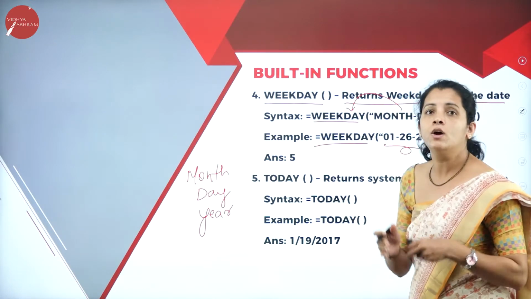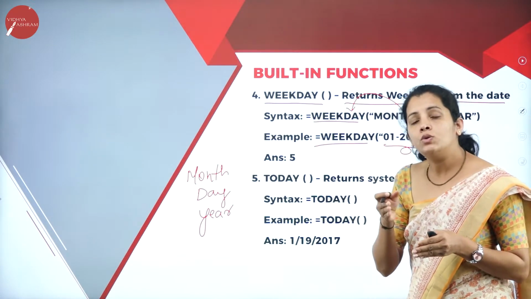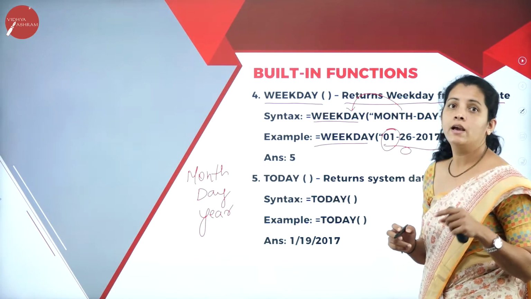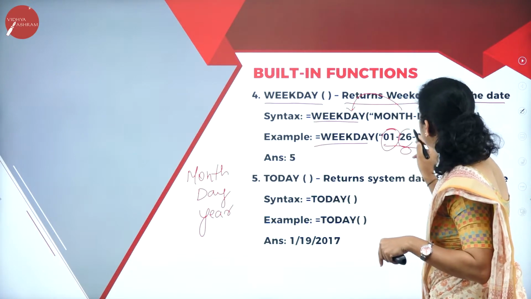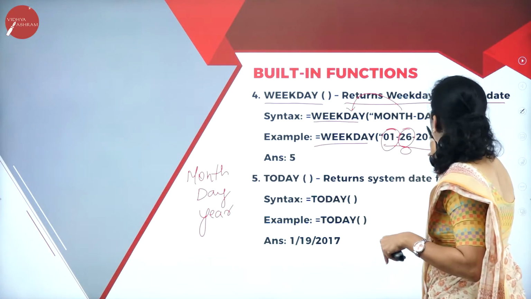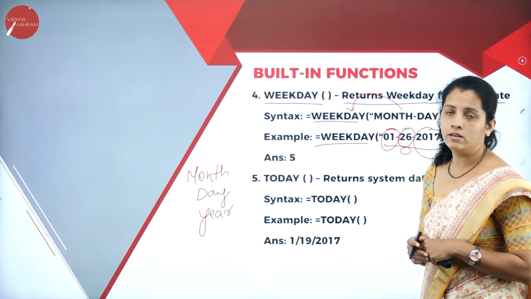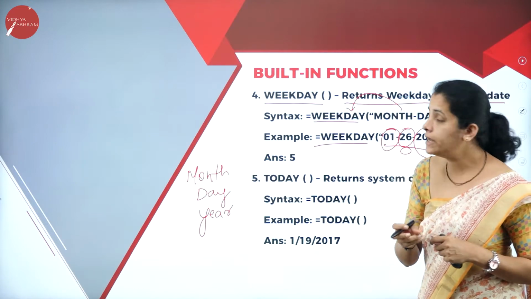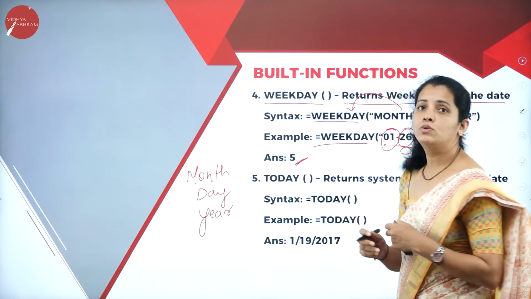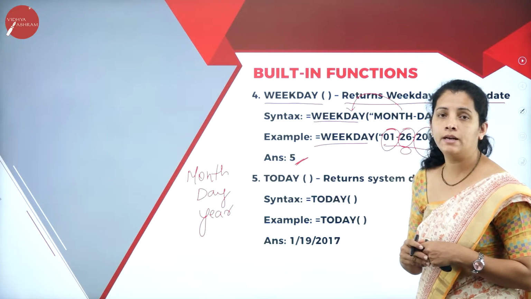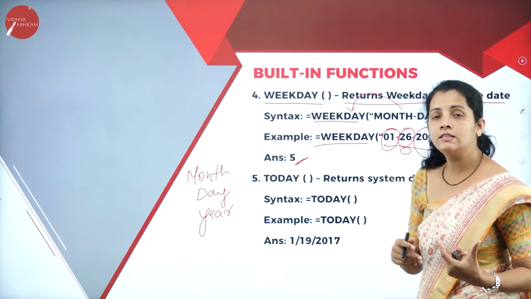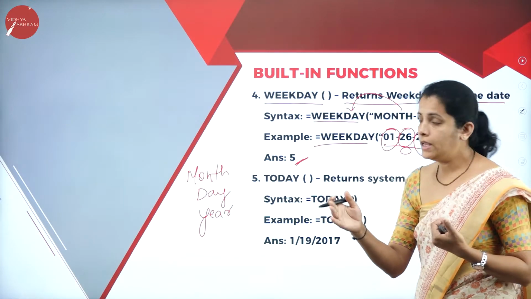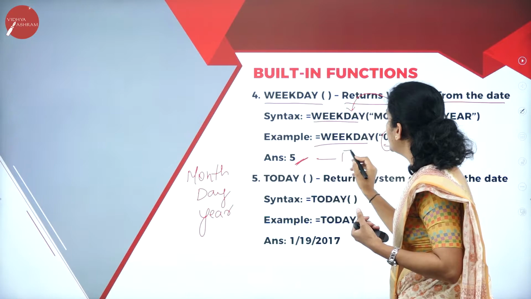That is 1/26/2017. Here 1 is the month, 26th is the date, and then the year. From that I'm going to get the weekday. So what is the weekday? That is the 5th day. So which day is the 5th day? If I consider from Monday to Sunday, then it is Friday.